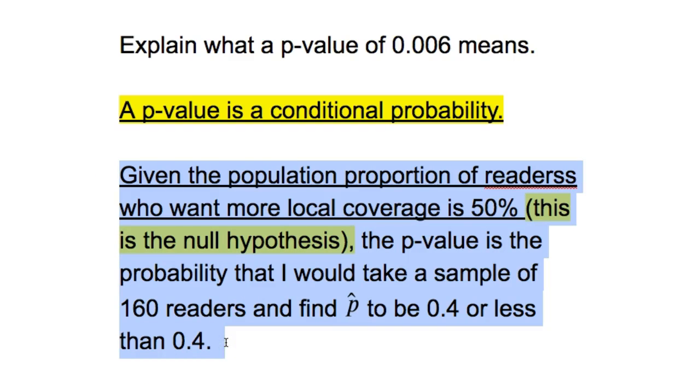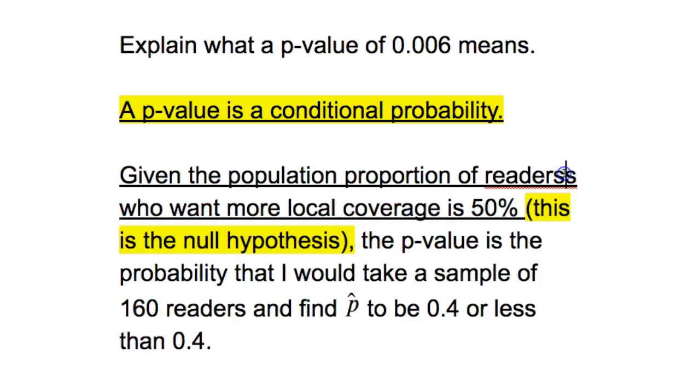Given the population proportion of readers, if I could only spell, it'd be great. The population proportion of readers who want more local coverage is 50%. That's my null hypothesis. So given that my null hypothesis is true, the p-value is the probability that I would take a sample of 160 readers and find a p-hat value to be 0.4 or less than 0.4.